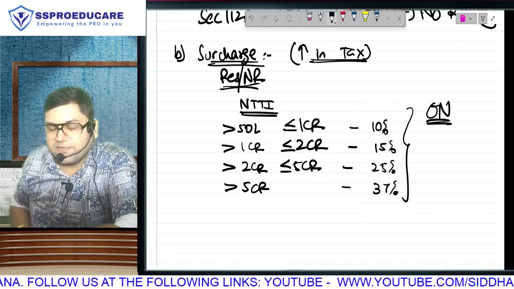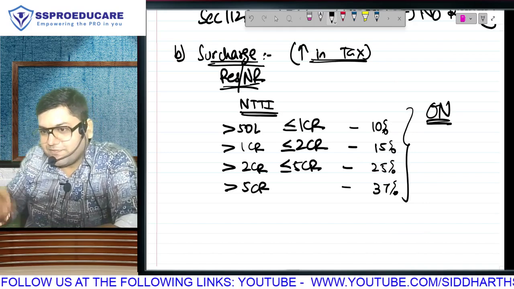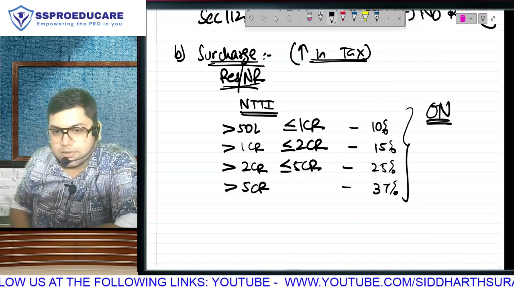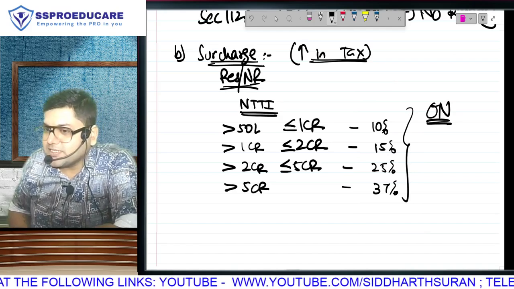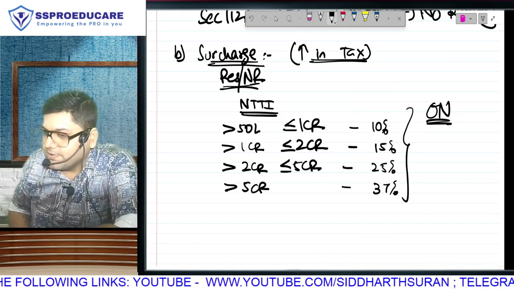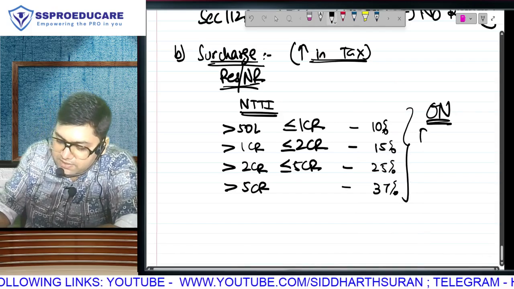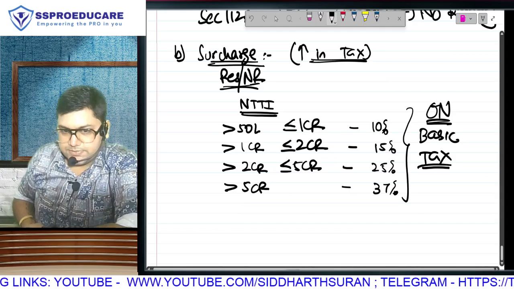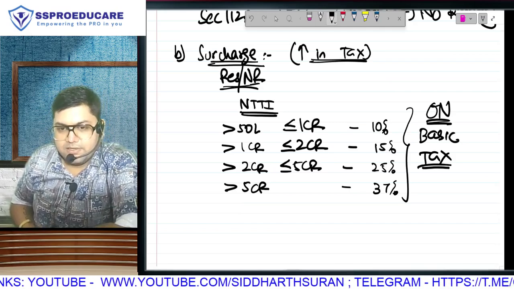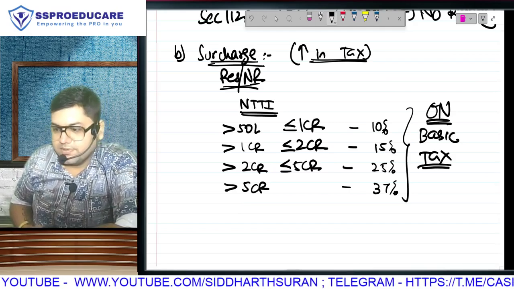They say, sir, 1.5 crore, 15%, so they apply 15% on 1.5 crore. No. Surcharge is not calculated as a percentage of income. Surcharge is calculated as a percentage of basic tax.